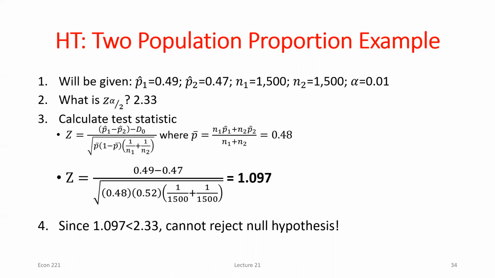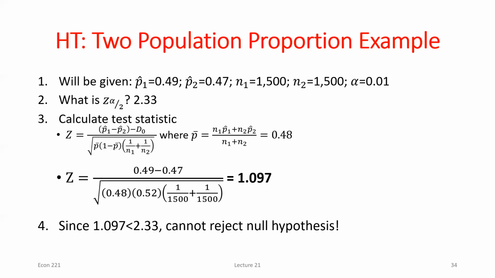is the internet, instead of calling people or sending out mailers. Now you might be concerned about people faking the data. But if we could collect data really quickly and get this up to like 15,000, what would that do? If my sample sizes get larger, that would greatly reduce this term right here, so my denominator would be a lot smaller. If my denominator is a lot smaller, my test statistic would shoot up really quickly.